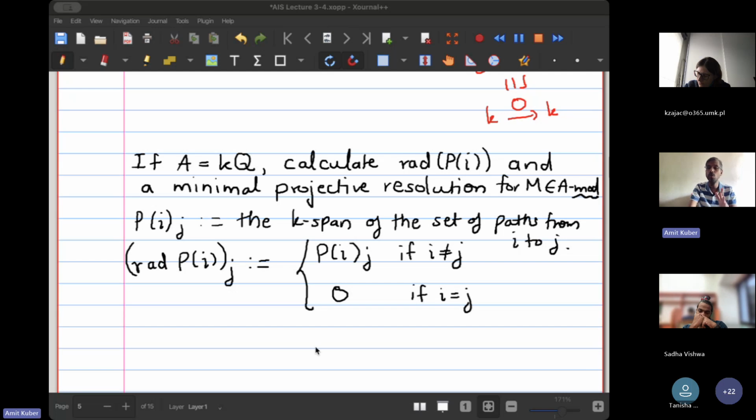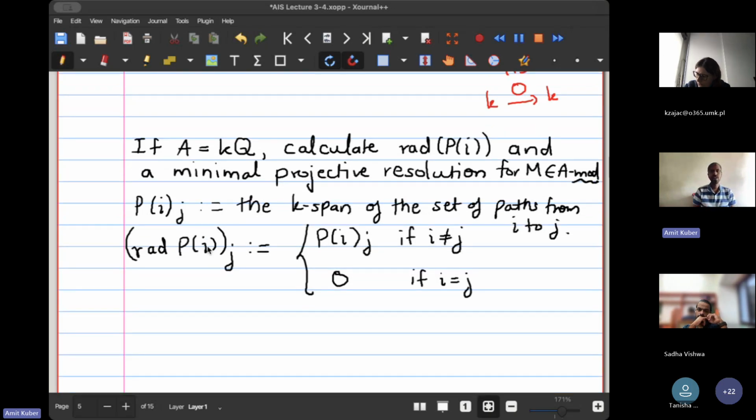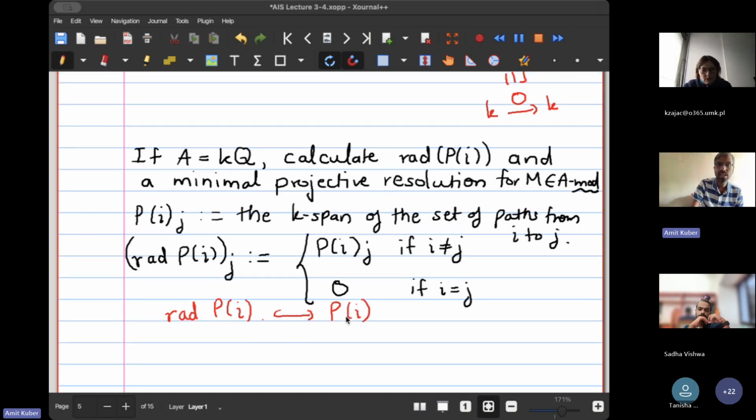You will simply remove the lazy path from Pii. You will still reduce the dimension by 1. Only the lazy path needs to be removed, and that's the radical. You can verify that. And the radical obviously embeds inside Pi.